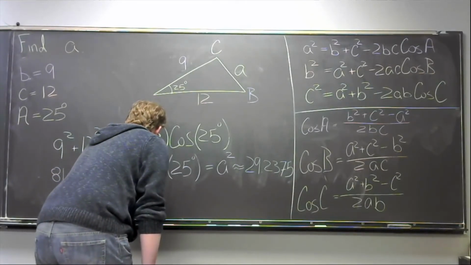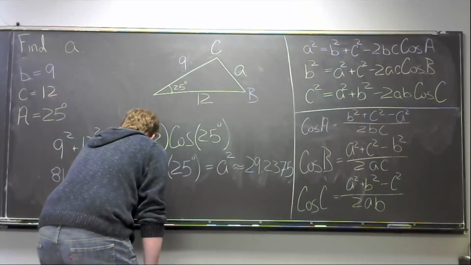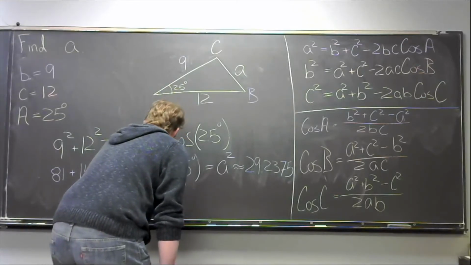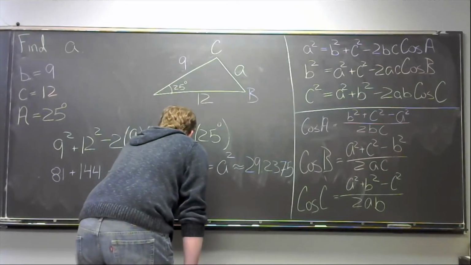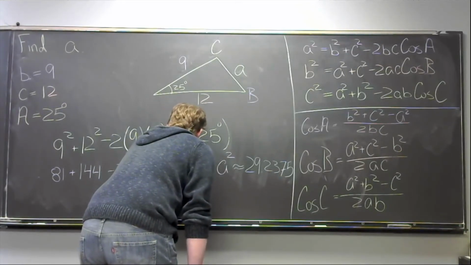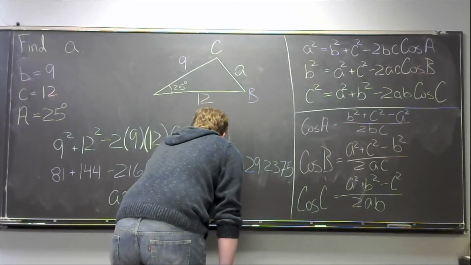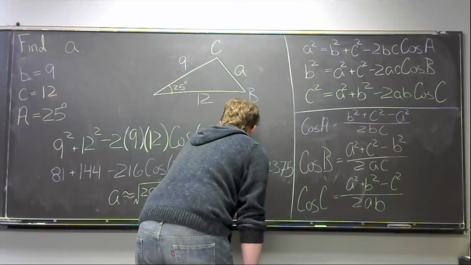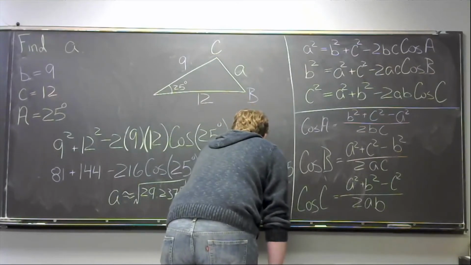So A is approximately the square root of 29.2375, which is about 5.4072.